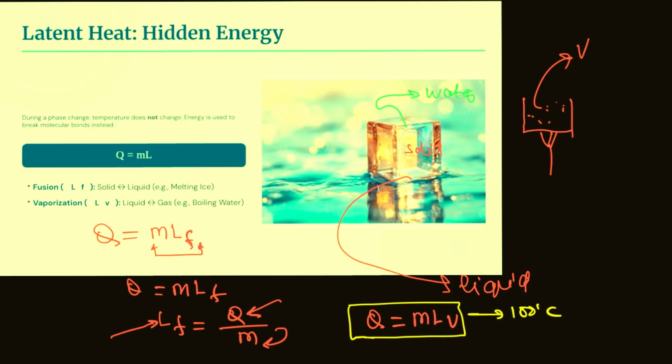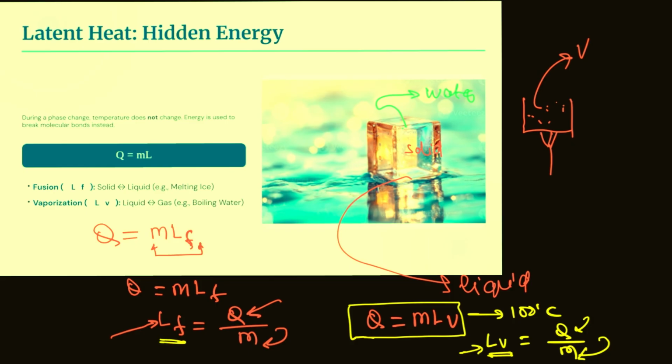So how to define LV? LV is equal to Q divided by M. The amount of heat required to change 1 kg water into vapor, steam, is called LV, latent heat of vaporization. So this is latent heat of vaporization and this one is latent heat of fusion.